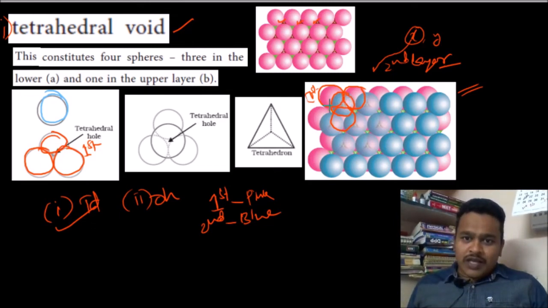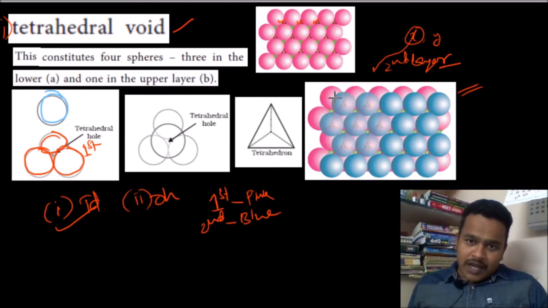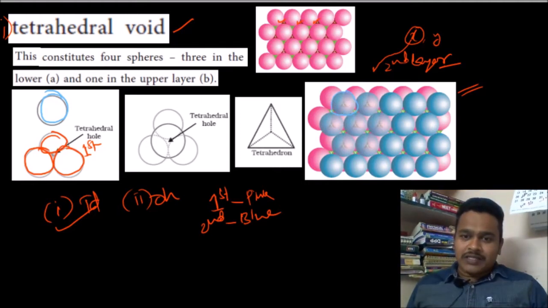Observe here, these three pink spheres, and above them one blue one. These three and the one above forming one void, that is an X void, that is the tetrahedral void. This is one type of tetrahedral void.